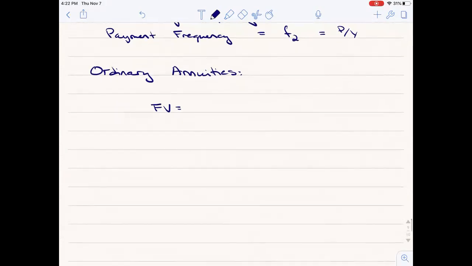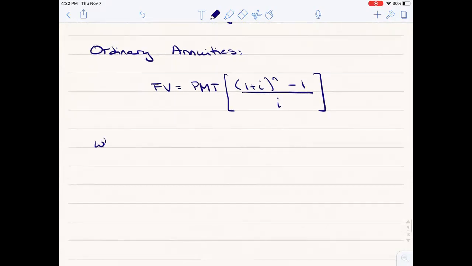And so for ordinary annuities, we've got the future value is the PMT, and then big square brackets, 1 plus I to the power of N minus 1, over I. Where, of course, the future value is the future value.